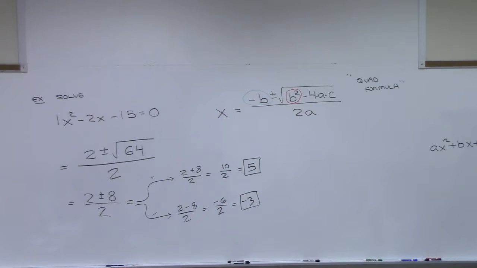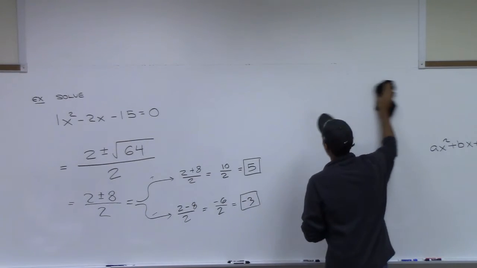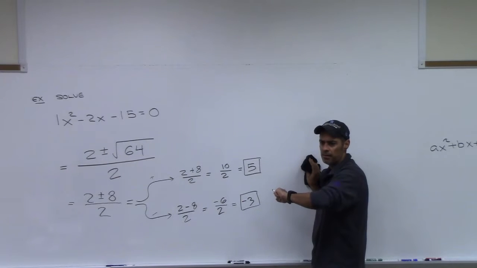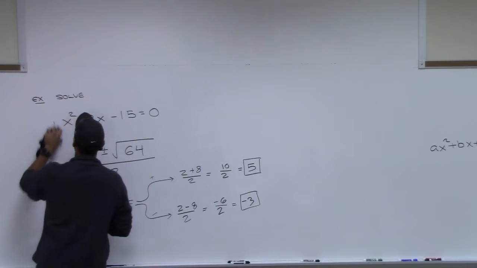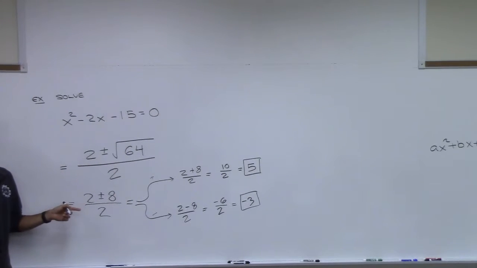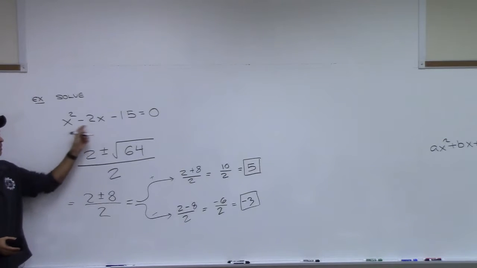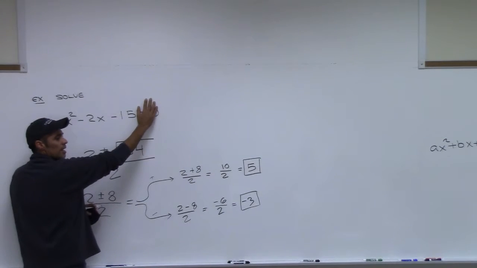Okay, now I want to show you something with this problem. That took a little while, right? I mean, we went through it kind of slow, but what if I come back up here to this problem from the very beginning, and instead of using the quadratic formula, I realize I can factor this using the AC method. So remember we did a whole day of factoring at least, 2 days of factoring? If I look at that, that's 3 terms, right?